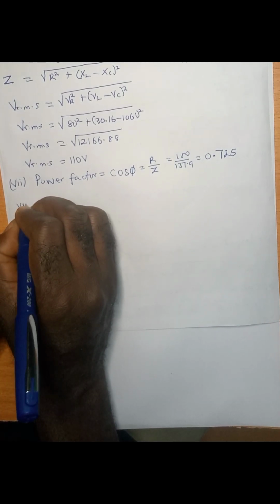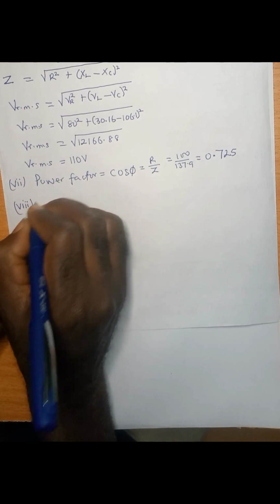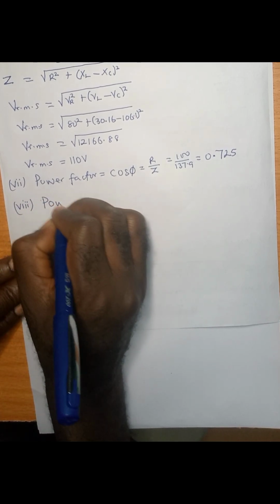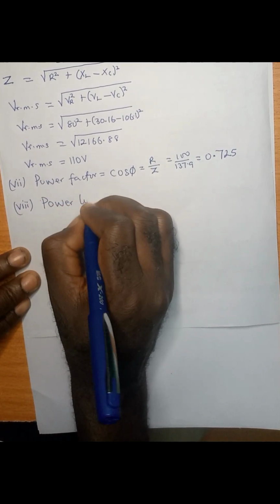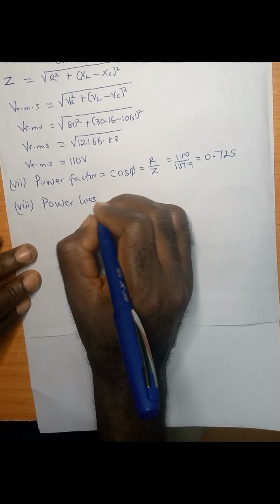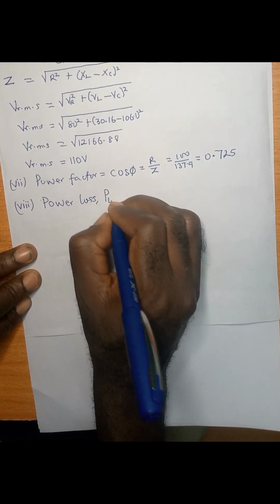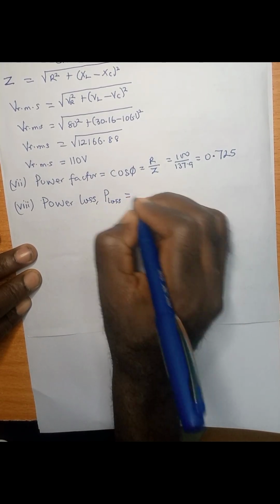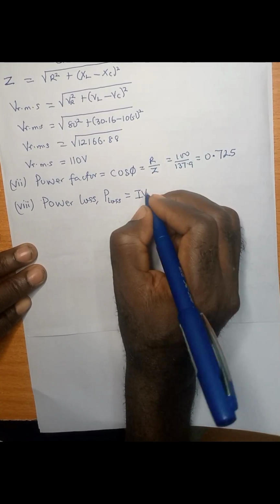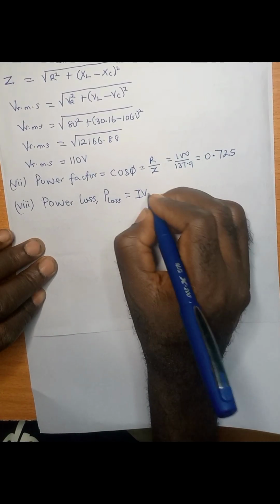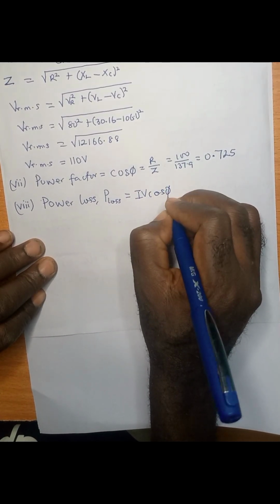Then the next question is to calculate the power loss. This power loss, P loss, is given as IV cos phi.